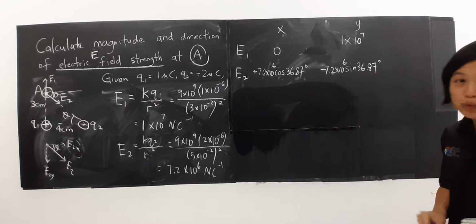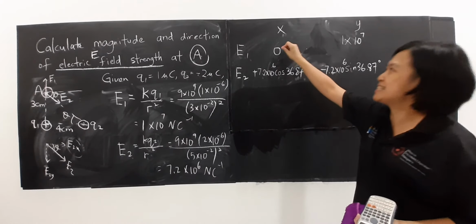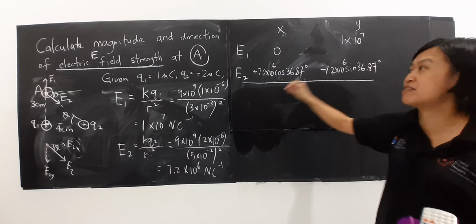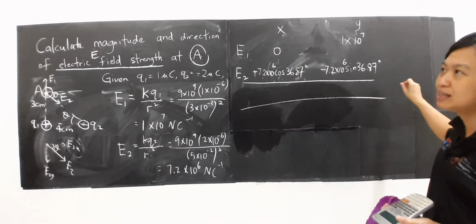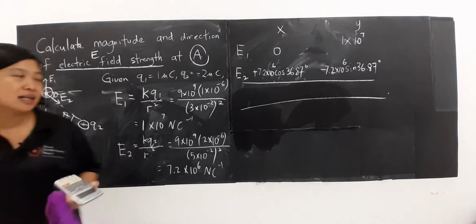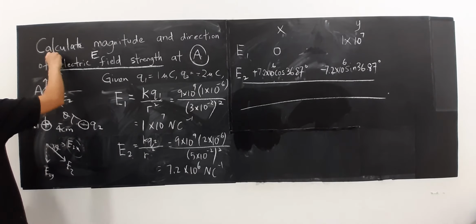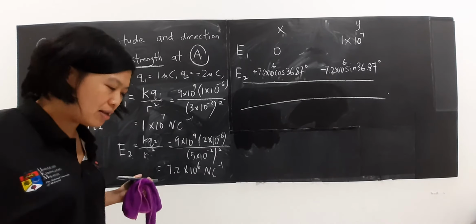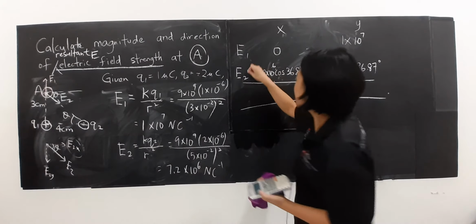Then what should you do? Paksi X boleh tambah dengan paksi X. Okay? Sebab kita nak cari resultant. Okay? Actually here, in this question, saya perlu tambah satu keyword lagi iaitu resultant here. Resultant maksudnya hasil tambah. But when you add on, you have to consider their direction.